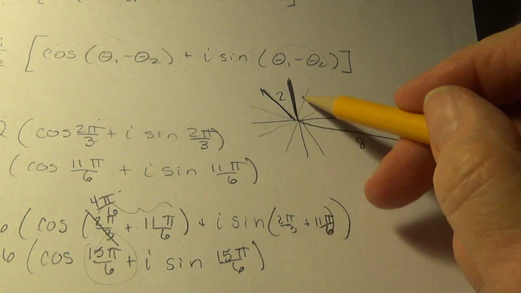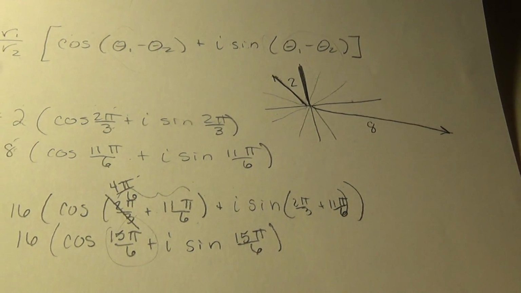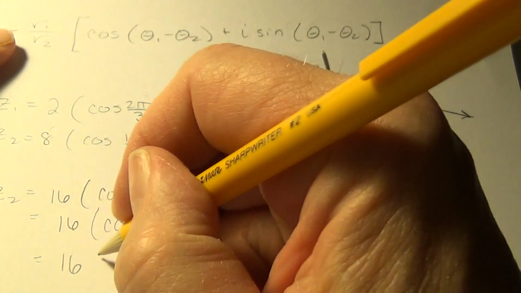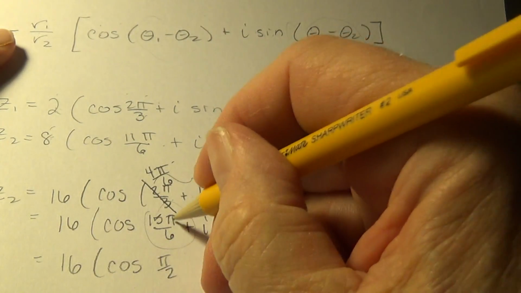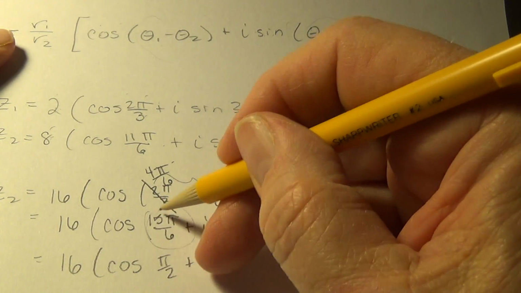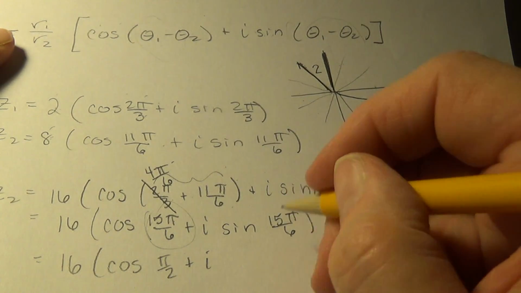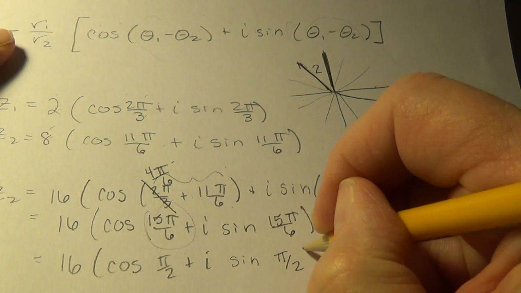So what's another name for that? It is pi over 2. I want to use the reduced simplest form, so I get pi over 2, which is the same as 15 pi over 6. But do not let this angle be greater than 2 pi. You will be able to simplify it if it is.